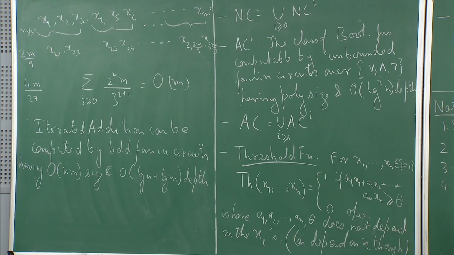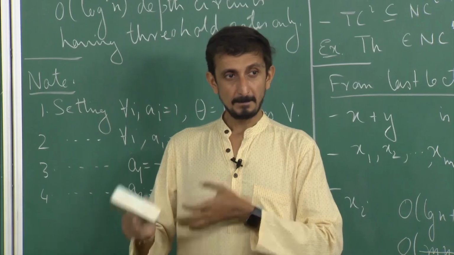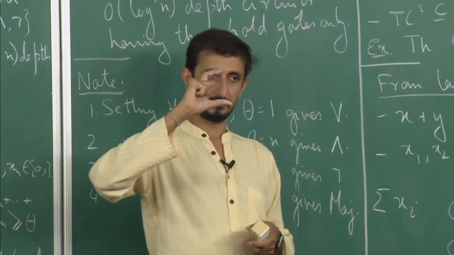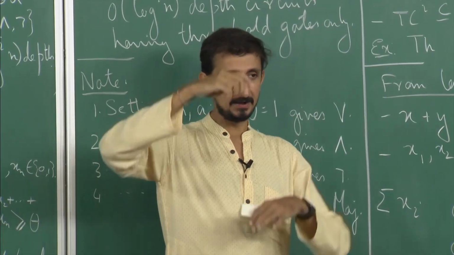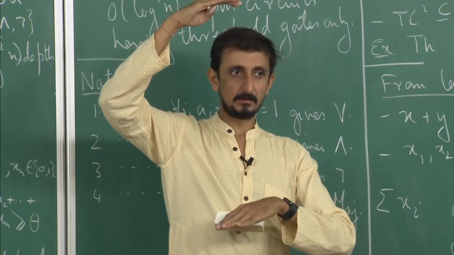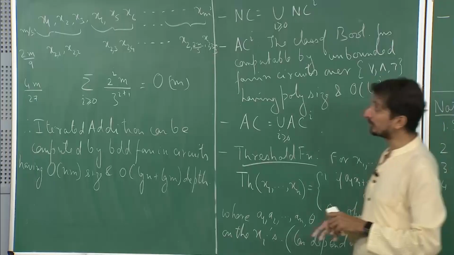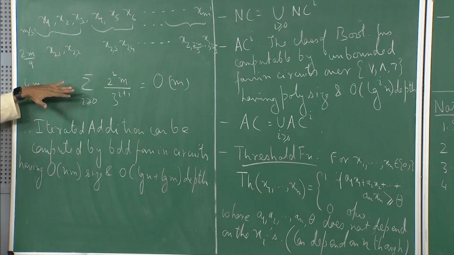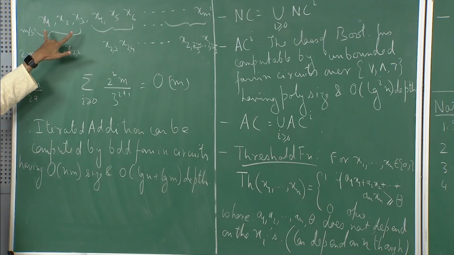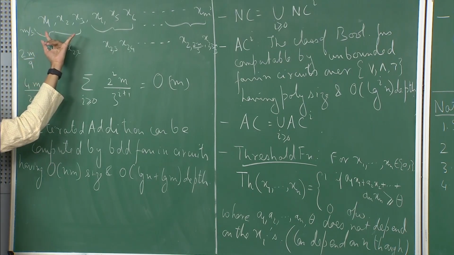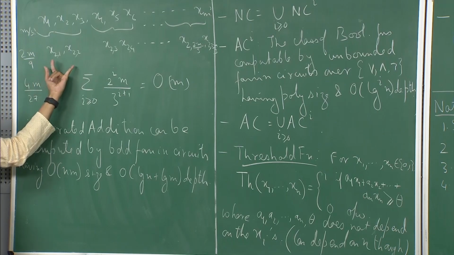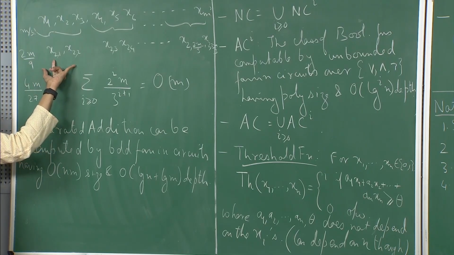Why is that depth log n plus log m? Each addition will take log n depth, and there are log m levels. So, basically the way this addition works is you show that if you take any 3 numbers, you can represent the sum of those 3 numbers as the sum of 2 other numbers.